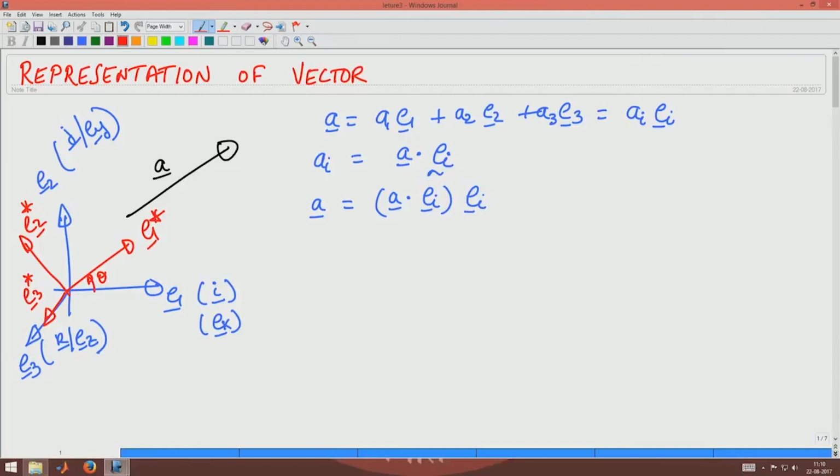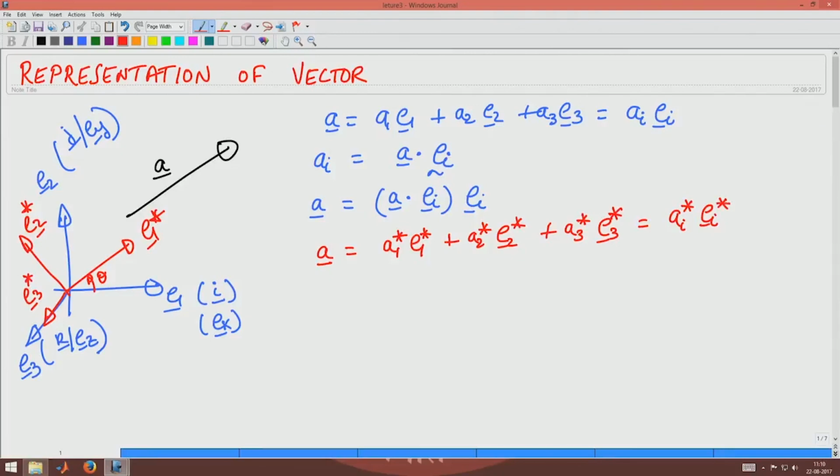Okay. So, basically now he wants to represent the same vector A using the basis vectors E1 star, E2 star, E3 star. Then what will A be? A in this red basis would be A1 star E1 star plus A2 star E2 star plus A3 star E3 star, or in short form Ai star Ei star.